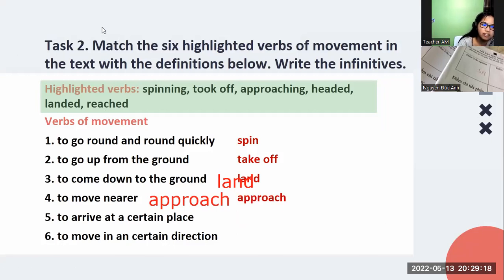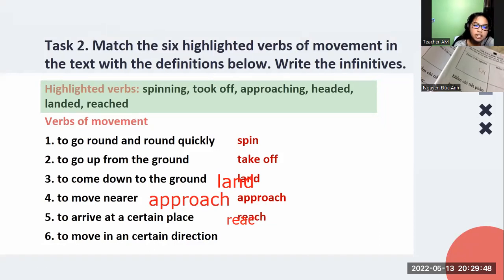What about number 5? To arrive at a certain place. Okay, that's reach. Very good. How about the last word?